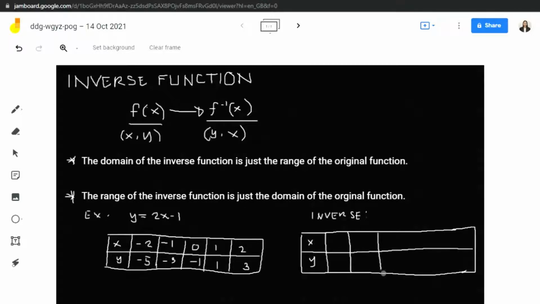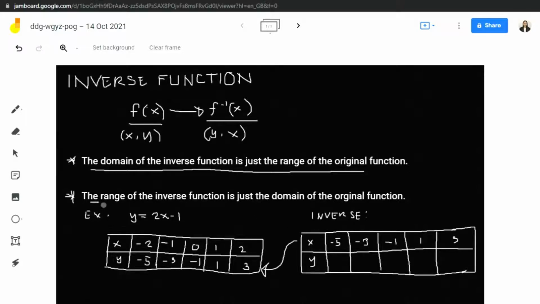The domain of the inverse function is just the range of the original function, so in here will be negative 5, negative 3, negative 1, positive 1, and 3.